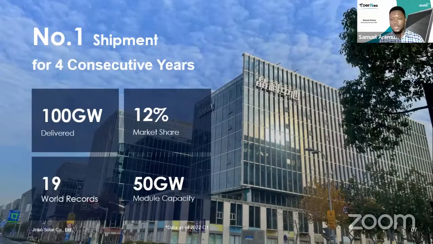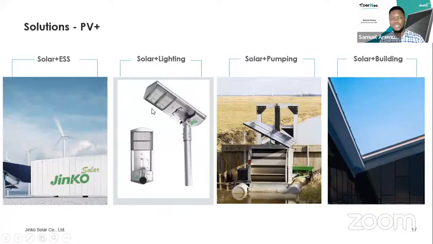JinkoSolar is a company that really invests much in research and development, which is R&D. With this, we've broken over 19 world records in cell and module efficiency. Also, JinkoSolar has diversified its products into solutions, and recently we started providing solutions such as the ESS, which is the energy storage system.